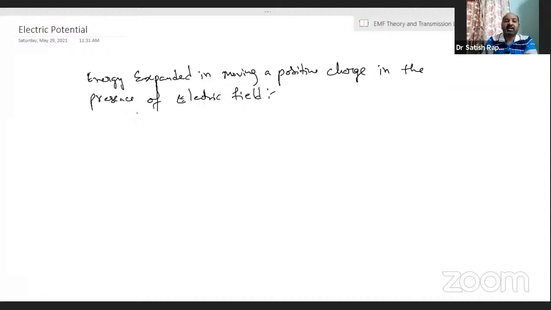Energy expended in moving a positive charge in the presence of electric field. So this we need to understand, right?